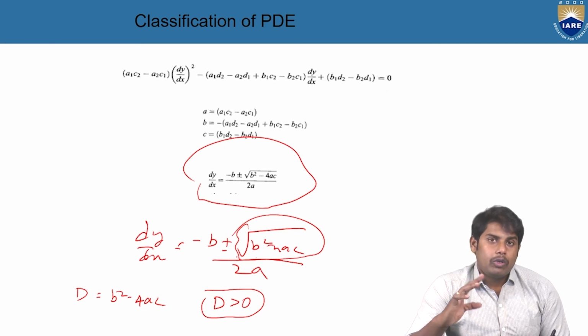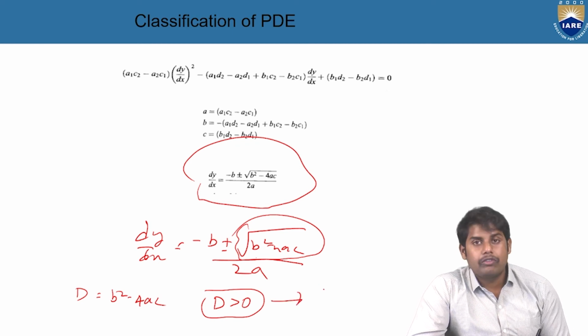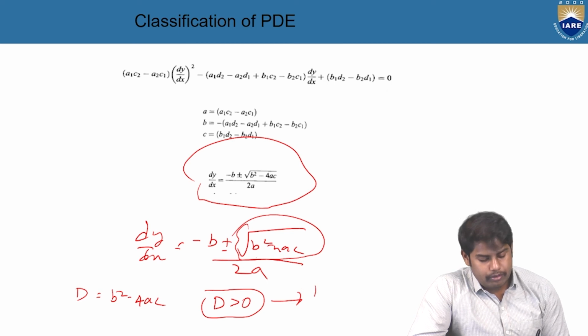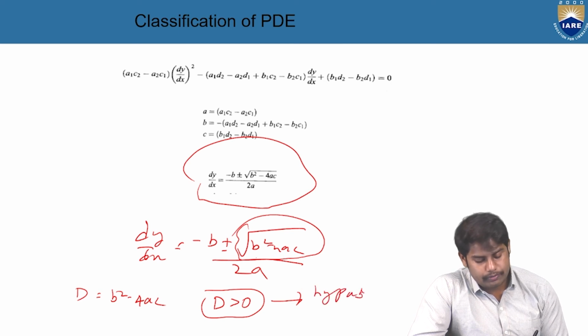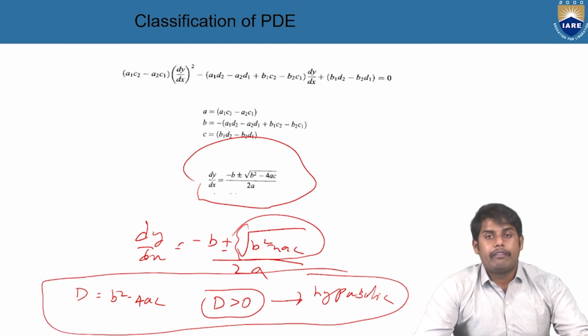So you have two roots, in the sense you'll have two equations. This kind of assumption is for hyperbolic equations. So this will fall into hyperbolic equations.